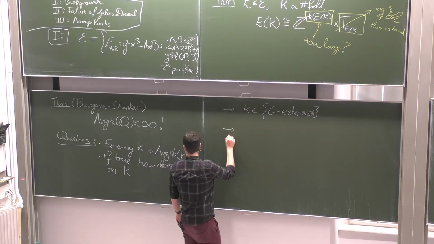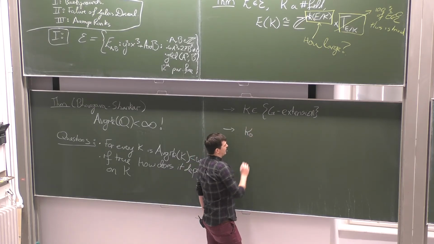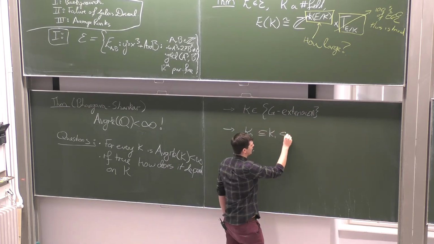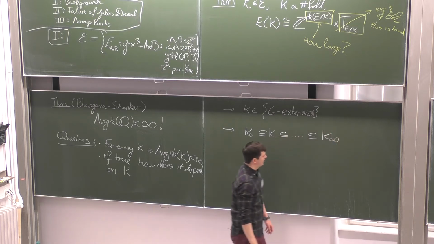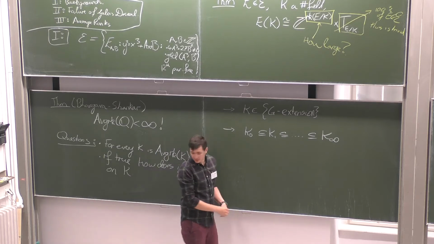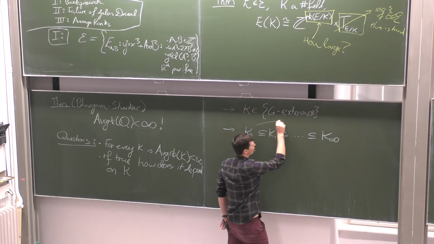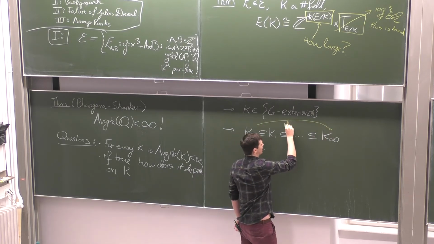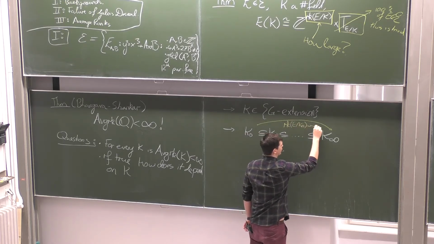Another way that you could interpret this sort of dependence is, what if I take a tower of number fields? So I have K0, K1, and so on, and I reach some infinite extension up here, K infinity. And moreover, say I know in advance that a quantity of elliptic curves have rank that grows towards infinity.